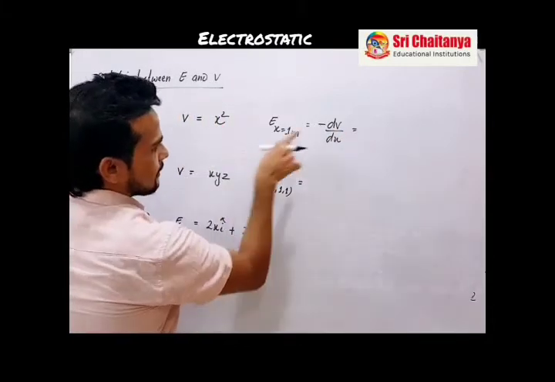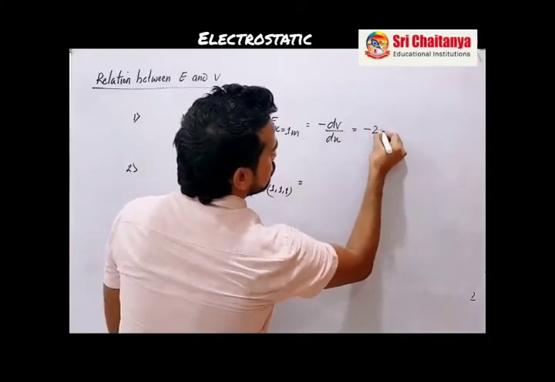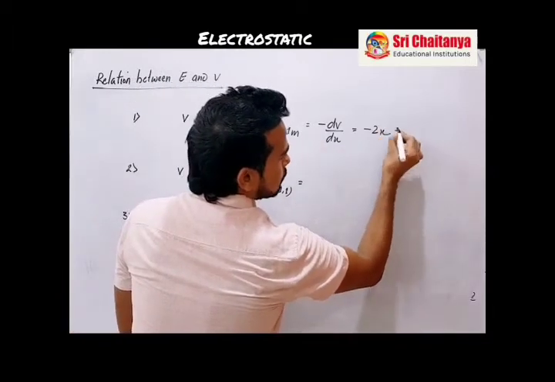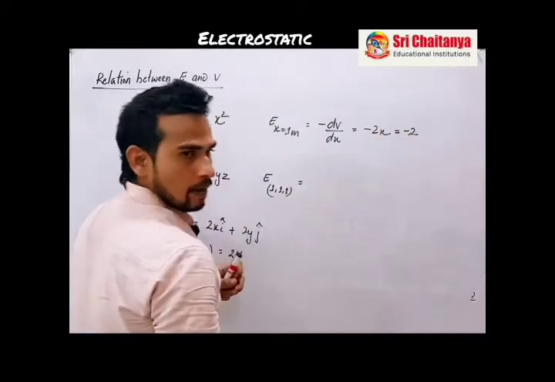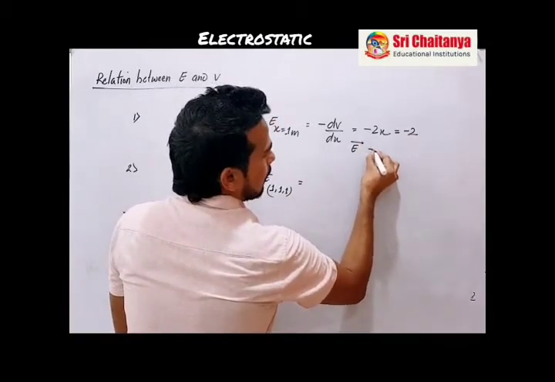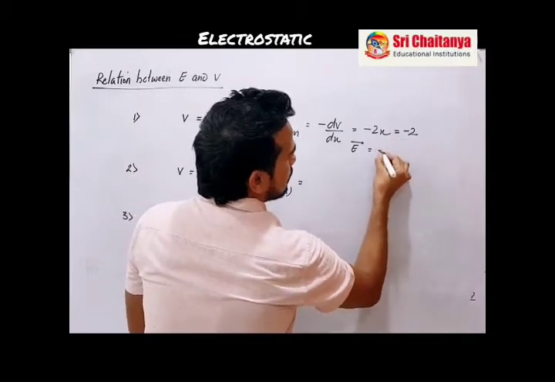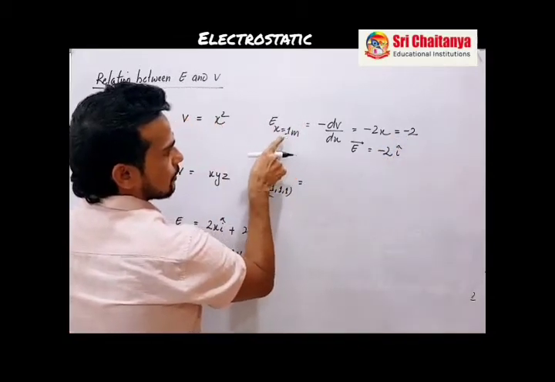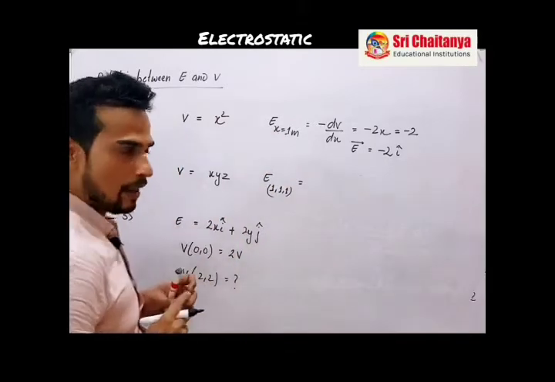If you differentiate this, this will give you minus 2x. Now they are asking at x equal to 1, you can put x equal to 1, this will give you minus 2. If anyone is asking you the vector, then you can write the vector also: minus 2 i cap. Why is i cap coming? Because it is along the x-axis.